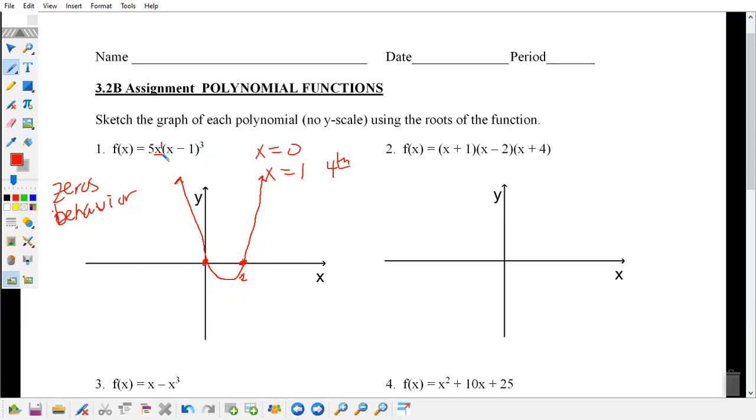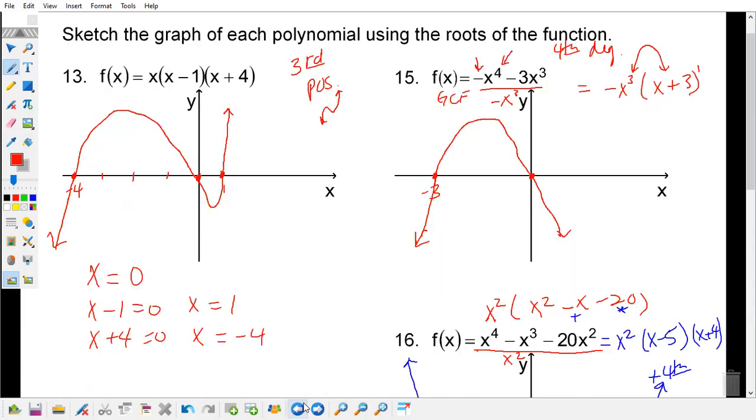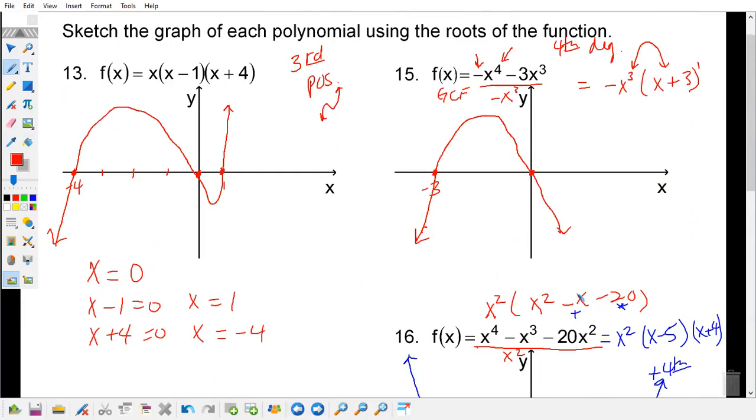So if you go back and look at our notes, let's go back to Friday. Here they are. Lock in right now, and you'll see why. Notice how we realized that this was a 3rd degree polynomial, and it was positive because our a is positive.